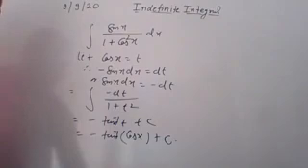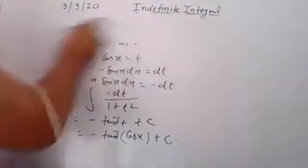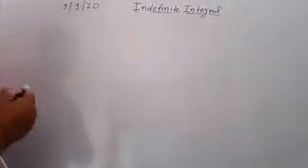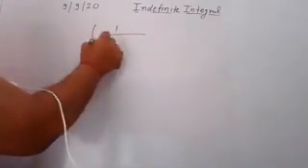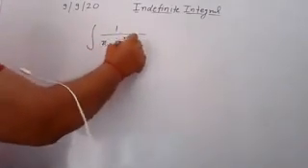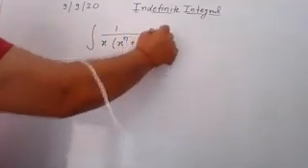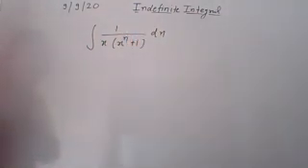Now here you have another question which was asked in 2000. So write that one also. Integration of 1 upon x into x to the power n plus 1 dx. So how do you solve?